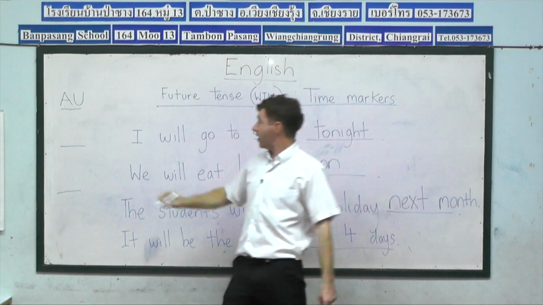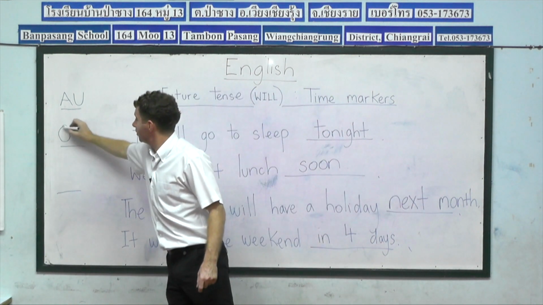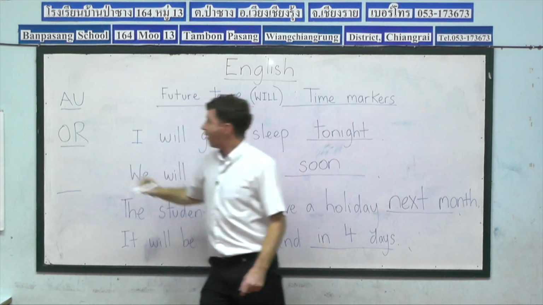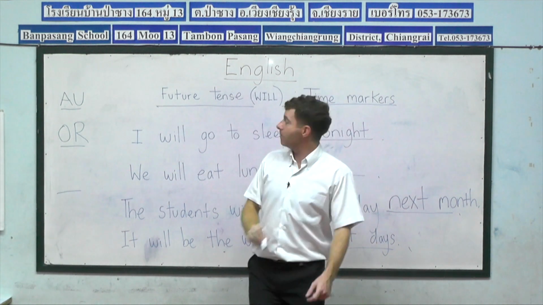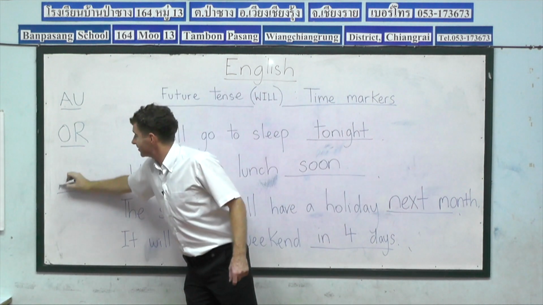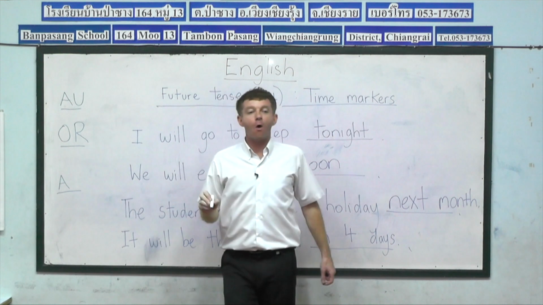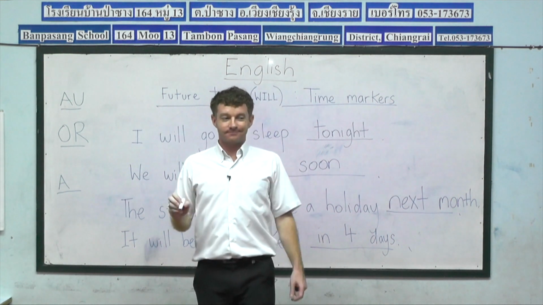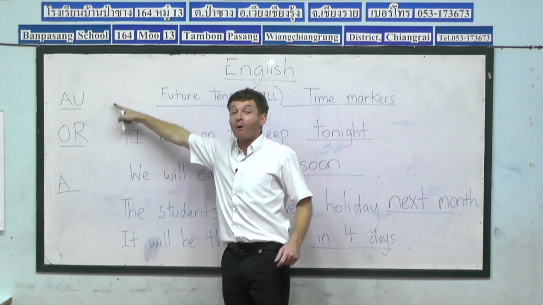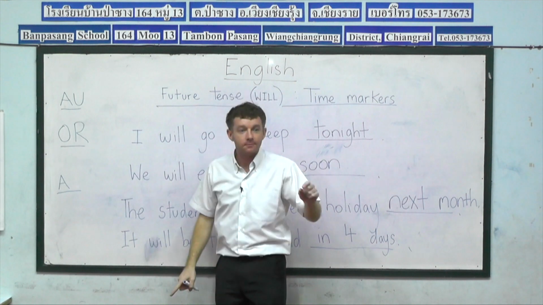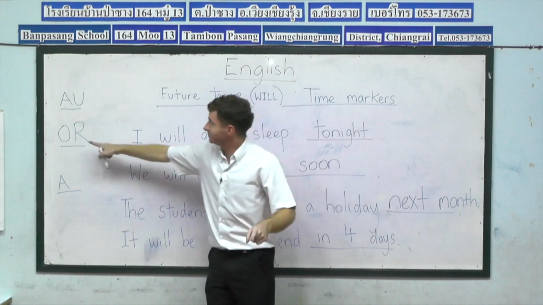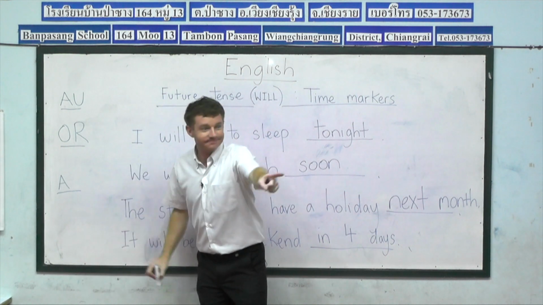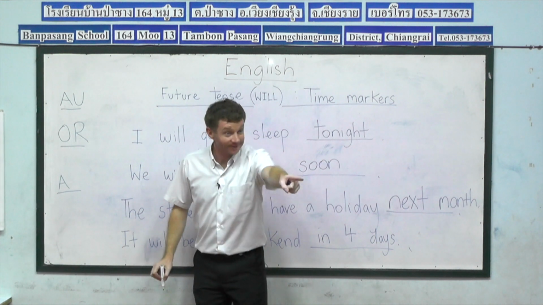O and R. Excellent. A-U, O-R, and there's one more. A with another letter. What do we think we've got? No, O. W. Who said W? Correct.